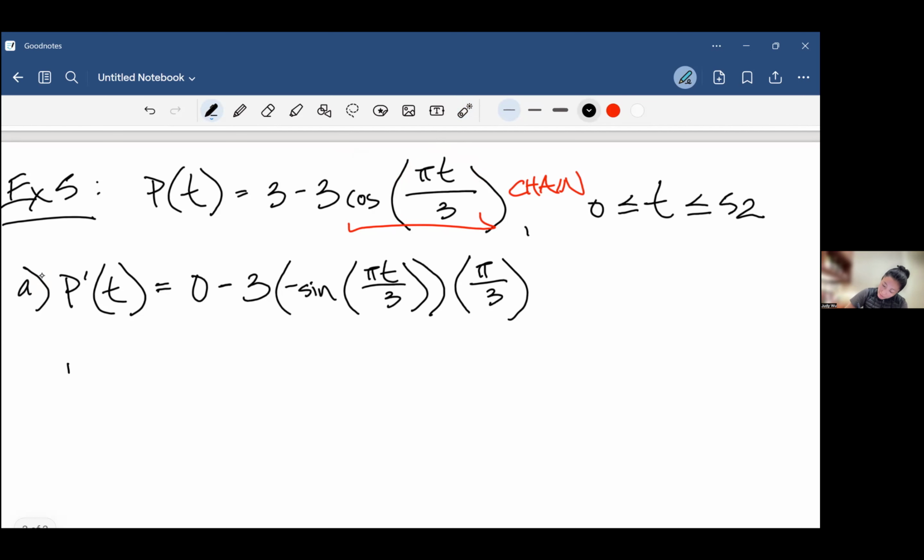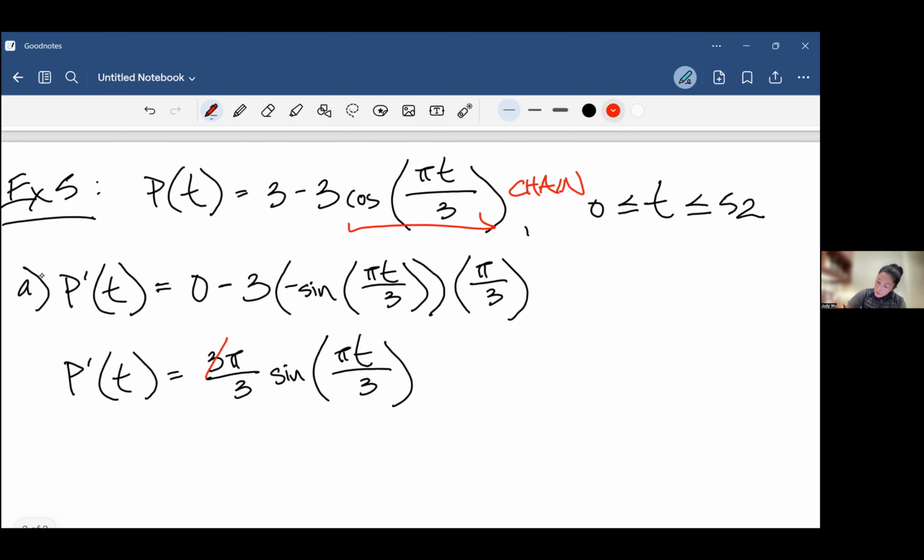Okay. Now this looks kind of gross, but let's clean it up. Let's see what we get. P prime of t equals, all right, negative times negative is going to be a positive, and then 3 times pi over 3 and sine of pi t over 3.